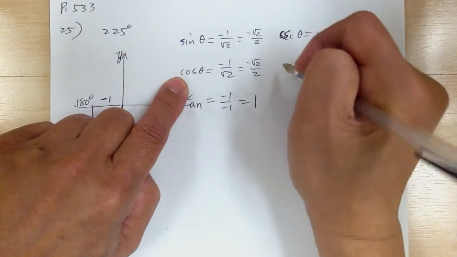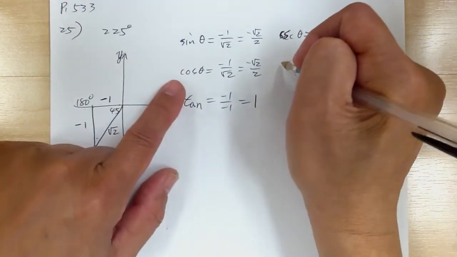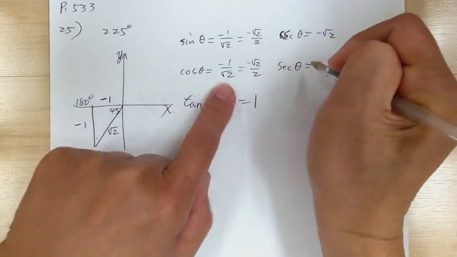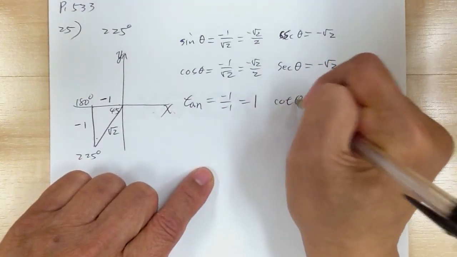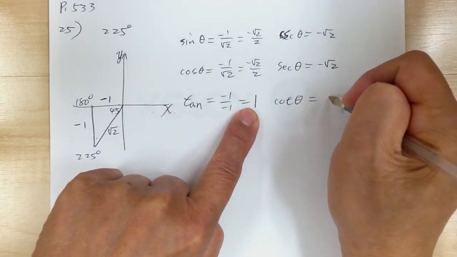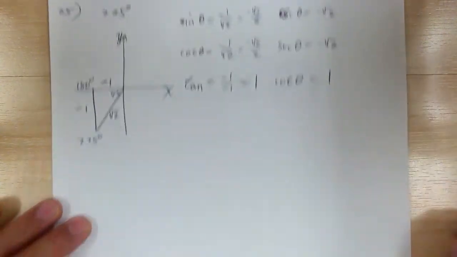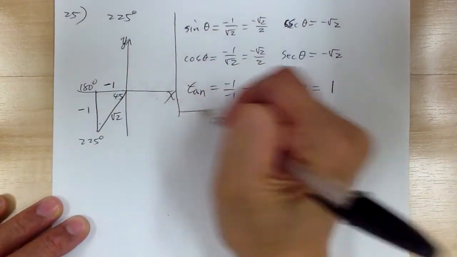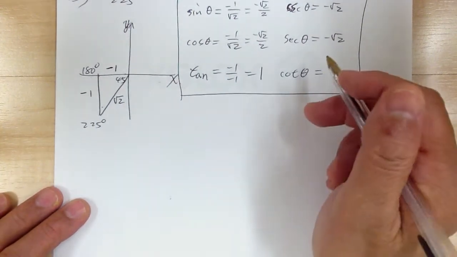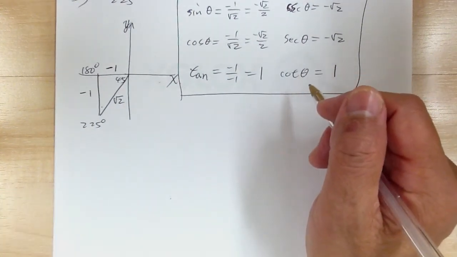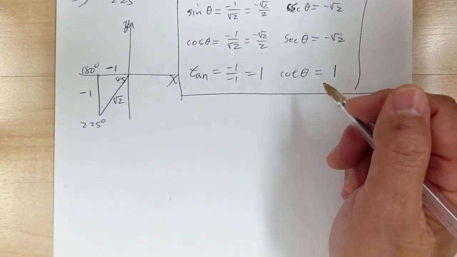Cosine, the other one would be secant, right? So you can flip this one over, you get negative square root of 2. And cotangent, you just flip this one over, so 1 when you flip over, is still 1. Okay? And so that's your answer for number 25. Okay. Let's go to number 27.